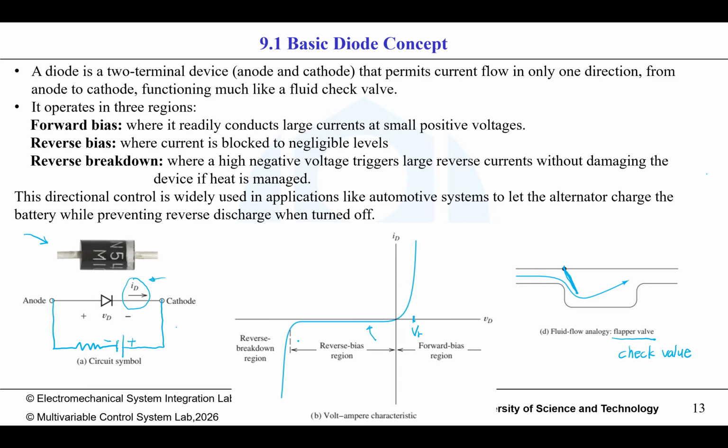It doesn't damage the diode, but as long as it is in the breakdown region, this negative current, which means the current in the reverse direction, will also increase largely. This directional control is widely used in applications like automotive systems to let the alternator charge the battery while preventing reverse discharge when turned off. So it's very commonly used.